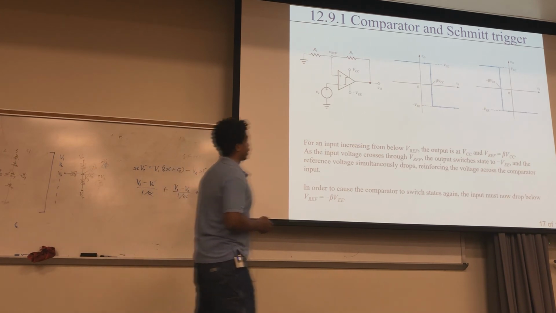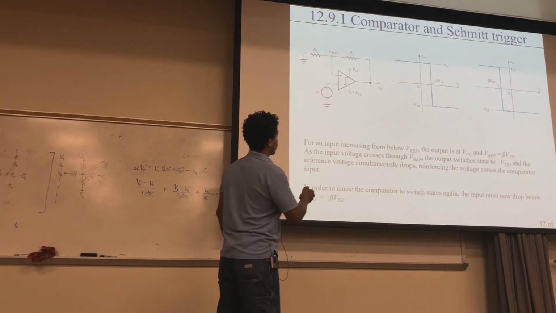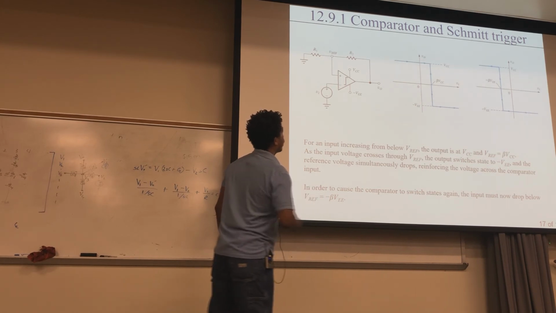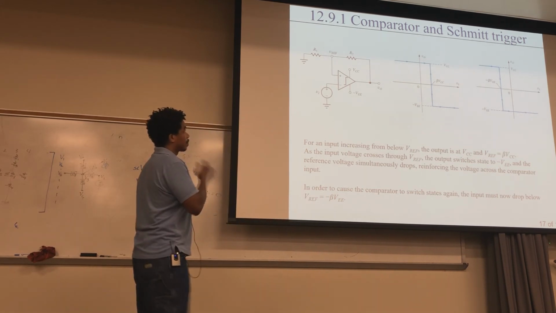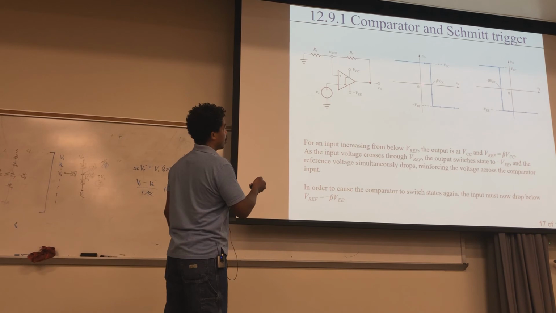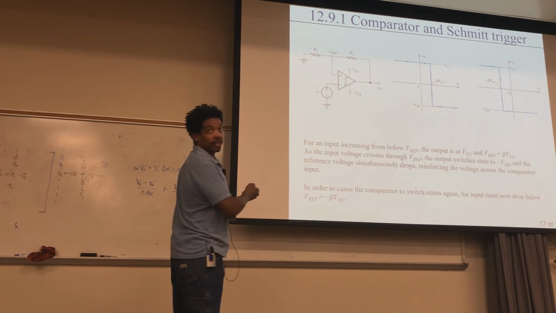And so this is what you get. So here's the output right here, here's the input, okay? So let's say it's at this state, and you're at this voltage right here. If you're having some noise over here, it's not going to flip. Now, if you increase the voltage to go beyond the noise, you have to get the voltage up to this value right here for it to switch to negative VEE, right?